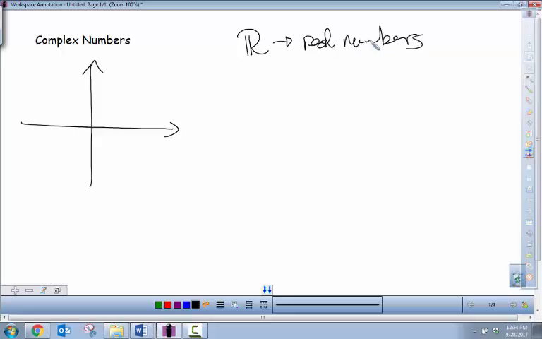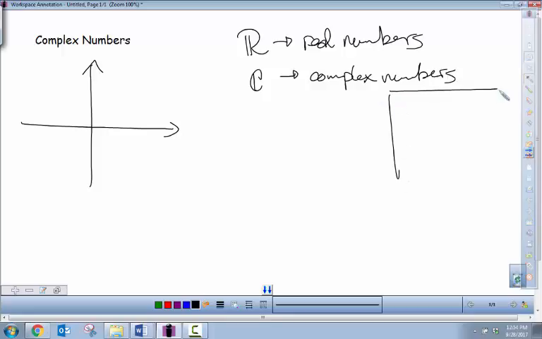So when we see the R, we think of that as the real numbers. This C, which has a little bar, is the set of complex numbers. And just for little side notes over here, there's also a Q, which is the set of rational numbers.